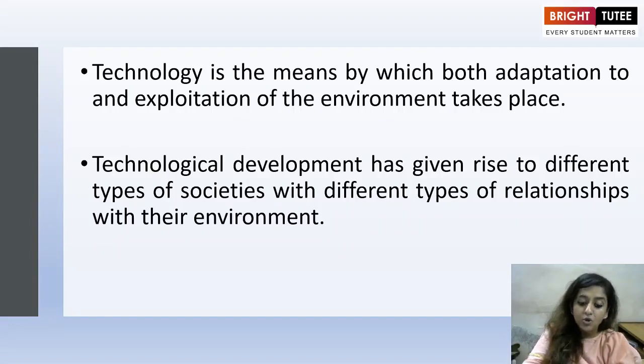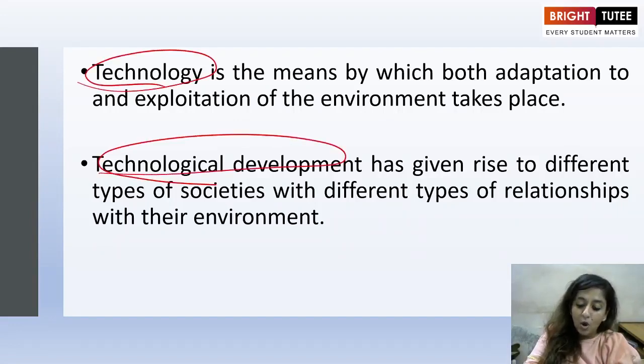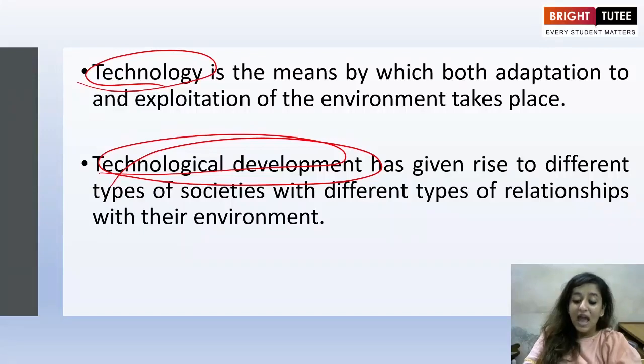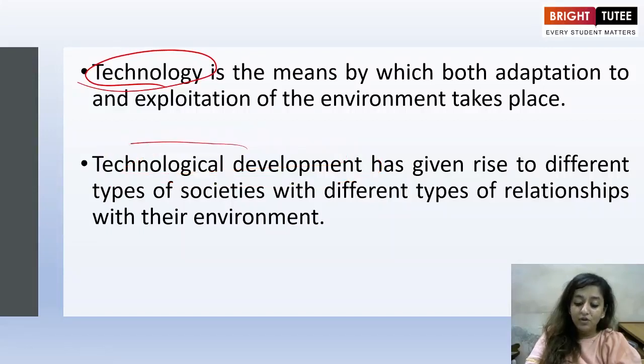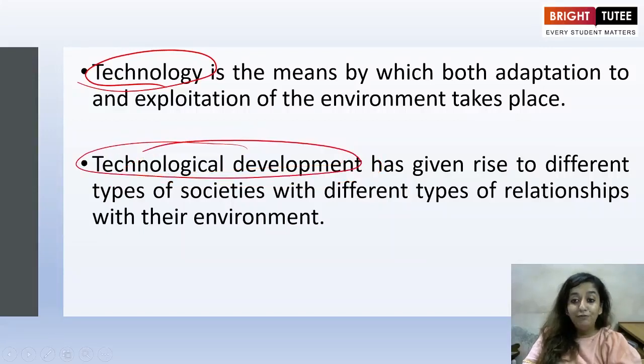That is how you have got the technological developments, and those have given rise to different types of societies with different types of relationships with the environment. You do not face a lot of challenges while it is raining outside, because it is technology because of which we have created our houses, and it is technology because of which we have created those ceilings which are saving us from the rainfall.